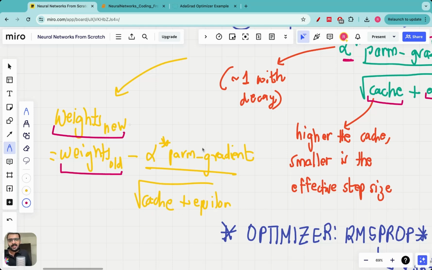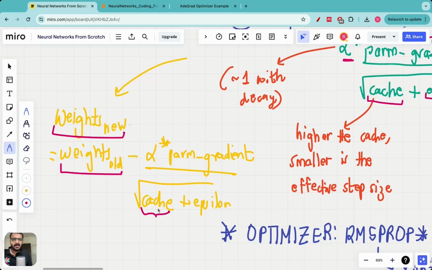Parameter gradient is just the gradient of the loss with respect to the parameter at the current iteration, and cache will effectively be accumulated squared gradient up till that point. So for that particular parameter, if the accumulated square gradient values are very high, we need to have a smaller effective step size, and that will be ensured since square root of cache is in the denominator.